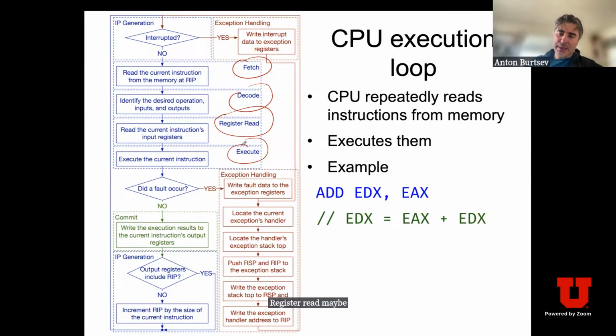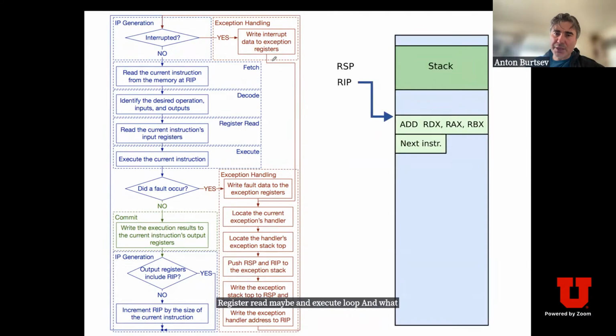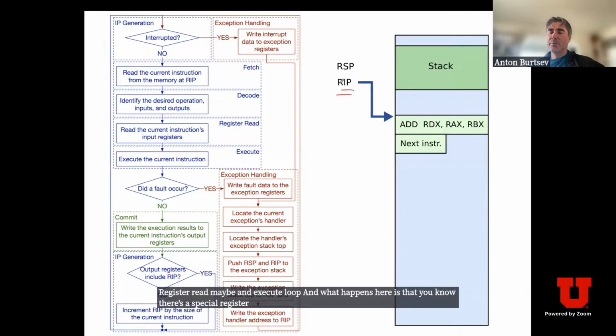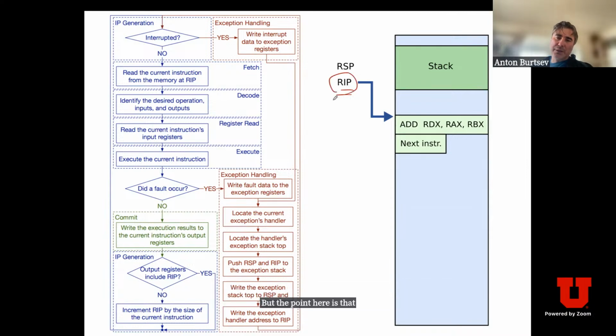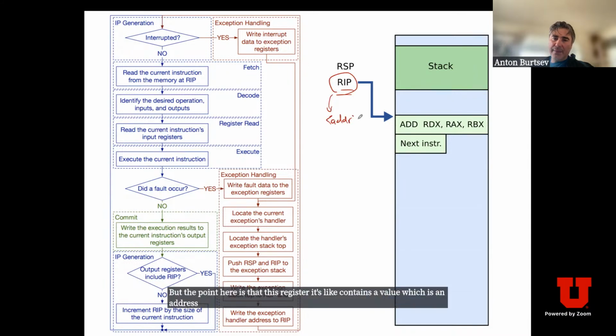There's a special register on 64-bit machines called RIP. Alternative names are instruction pointer, or program counter on MIPS. It's all the same. This register contains a value, which is an address, and this address is the address of the instruction which the machine will execute.